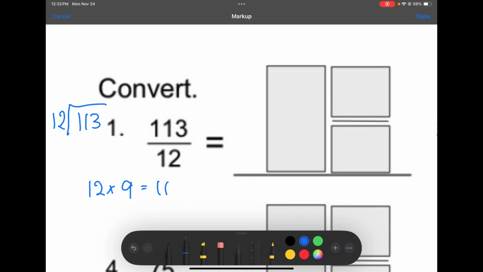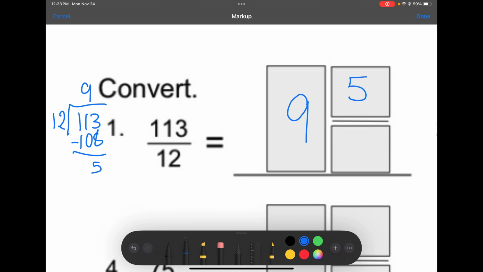That would be 108. That makes sense. So we know that 12 can fit into 113 9 times. If we subtract that from the total, our remainder, which becomes our numerator, is 5, and our denominator is the same, 12.